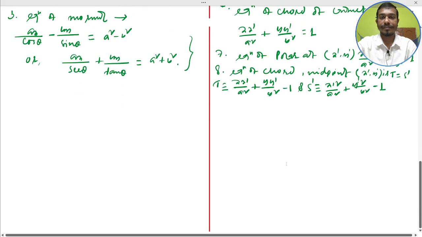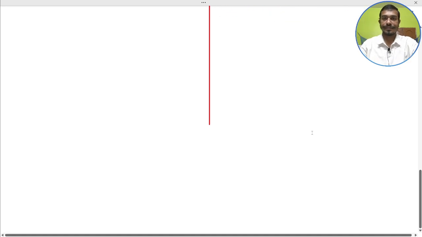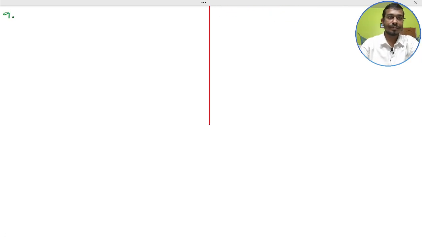Next, number 9. Equation of the pair of tangents from a point to the ellipse.